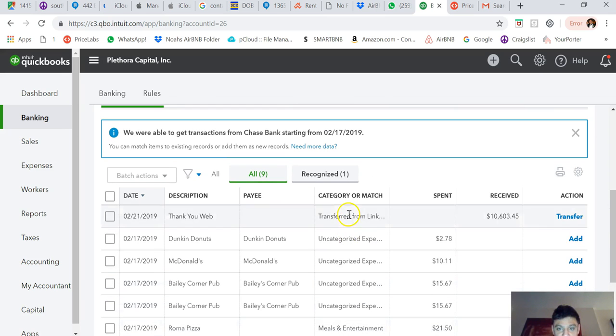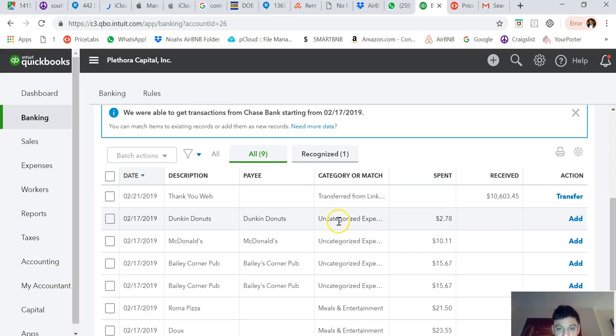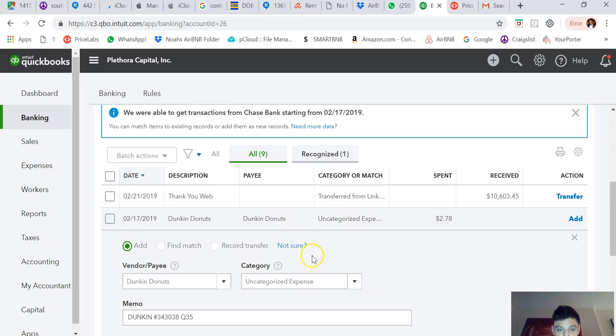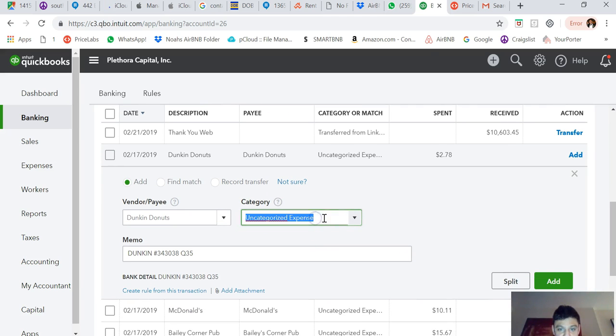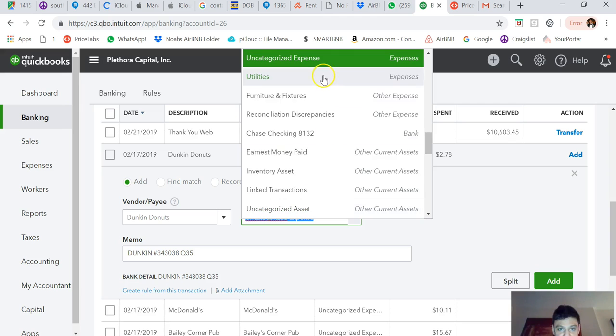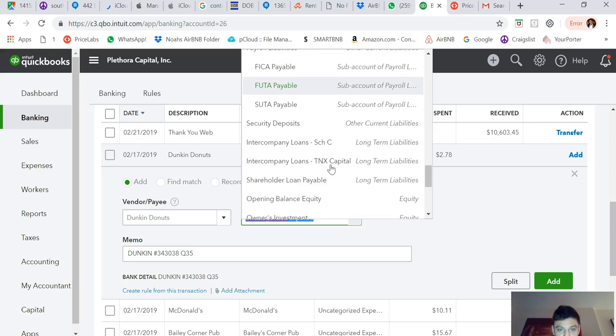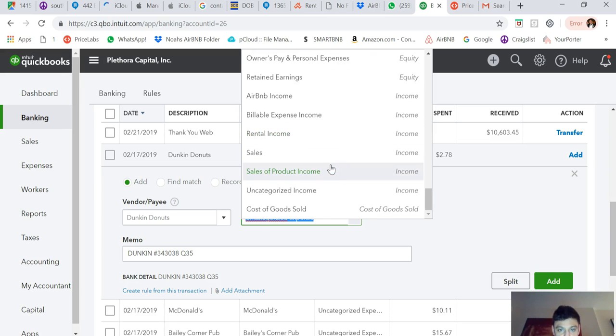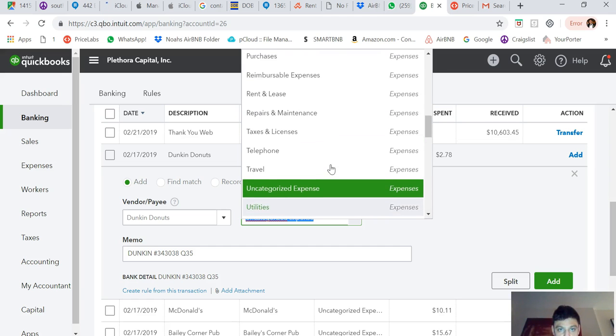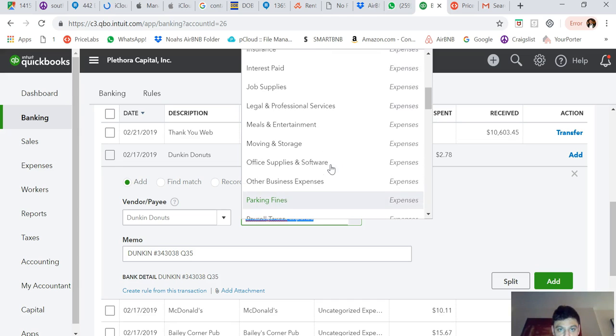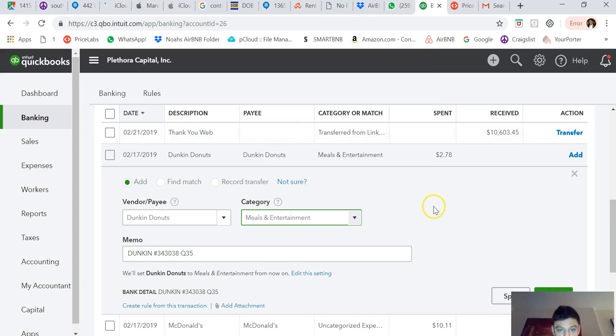So when the category isn't correct, for example, uncategorized expense, Dunkin' Donuts, you click on this, and then what you want to do is actually find the different category that the expense is in. So this Dunkin' Donuts is probably going to be meals and entertainment.